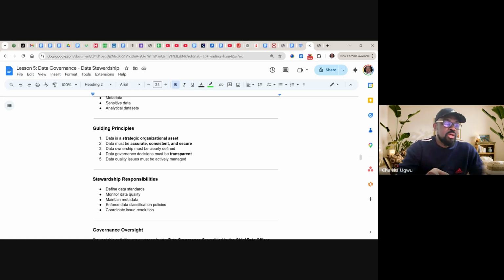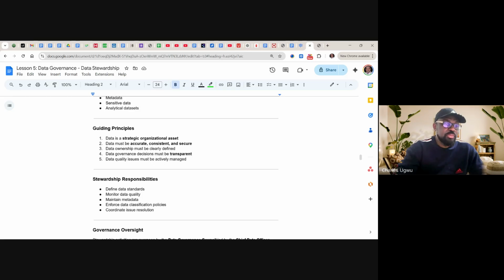And then under data stewardship accountability: define the data standard, monitor data quality, maintain metadata, enforce data classification policy, and coordinate issue resolution.